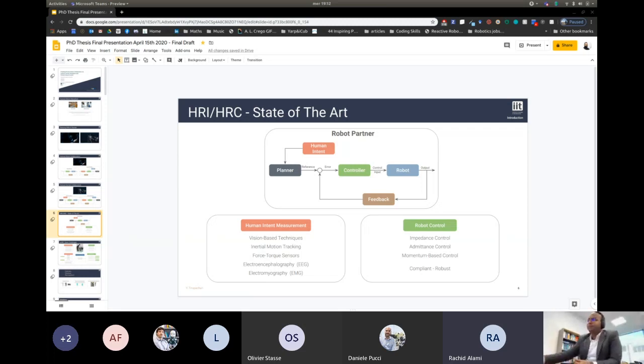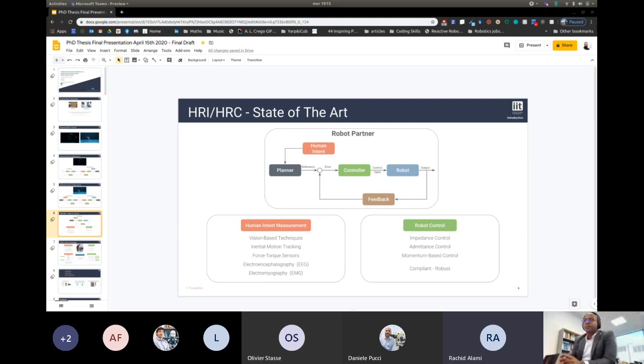So in this scheme, this is the kind of architecture where you discuss the issue of HRI, HRC, and essentially human intent. In what you are drawing here, and in what you will see afterwards in your talk, you mention the human intent entering the planner. But there are two levels of human intent.